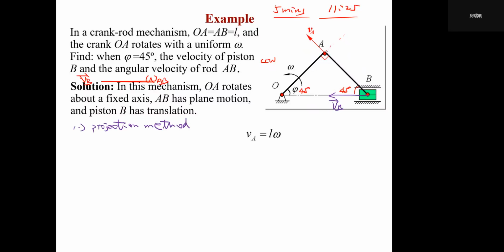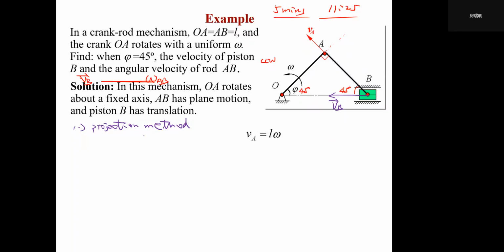We have the link line AB, and we know VB will be along this direction, so it intersects the line AB at an angle of 45 degrees, and VA is along the BA direction. So we just project VB and VA onto the BA direction.